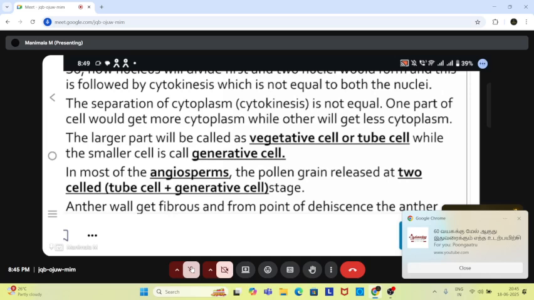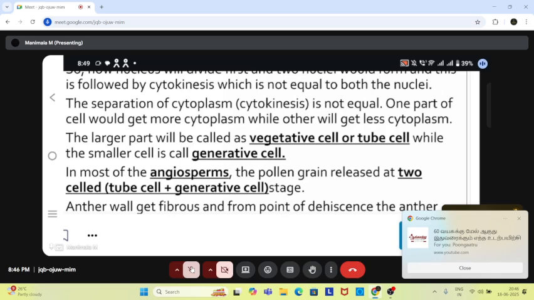There is a chance of a question: which is the first cell of the male gametophyte? The pollen grain is the first cell. So how will the vegetative and generative cells be formed?